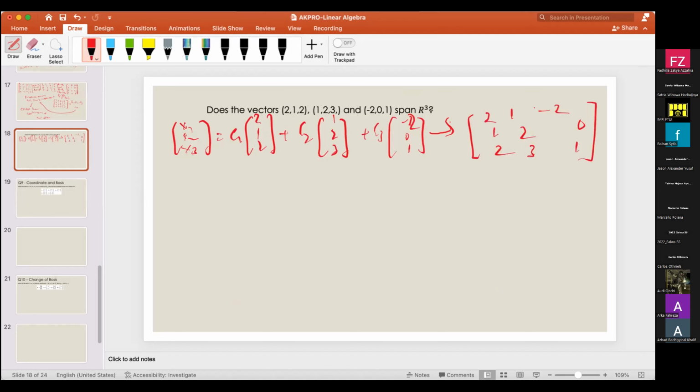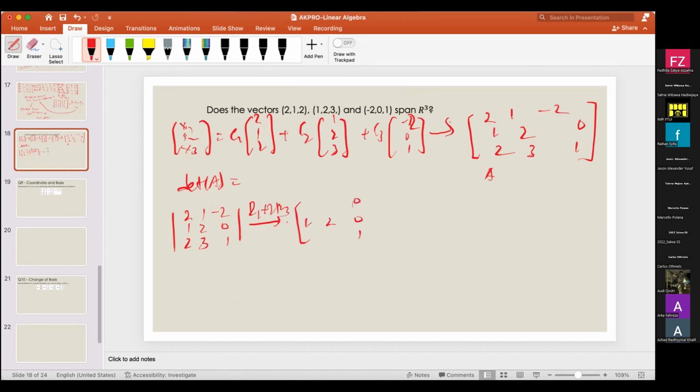Now we have to find the determinant of this matrix. Let's say this is matrix A. I'm going to show you a mixture of methods, which is using row reduction and cofactor expansion. What we have to do is R1 plus 2R3 in order to knock this out.